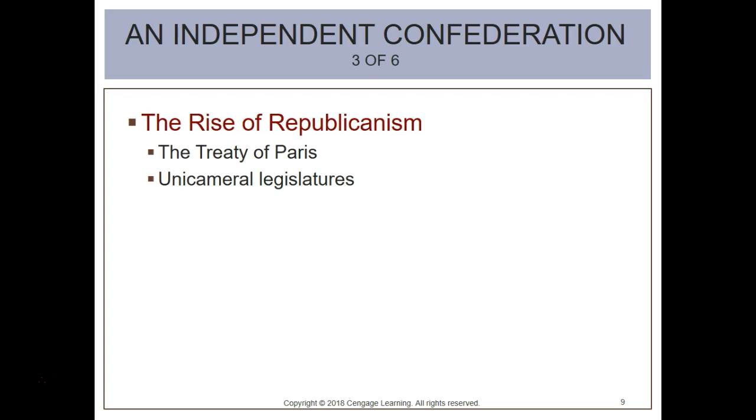The Rise of Republicanism. The Republicans come to power. The Treaty of Paris basically has its roots in republicanism, and some people will say that's where the, I don't know if you could say modern rise of republicanism came from, but the rise of traditional republicanism, in terms of the guys that were a part of it: Adams, Franklin, John Jay, Jefferson, and Henry Laurens.